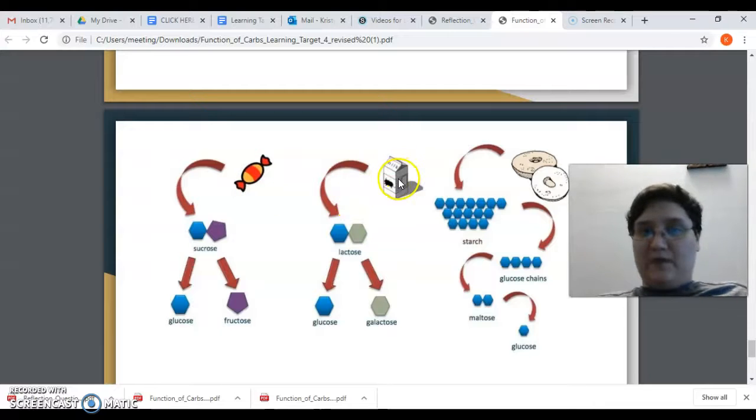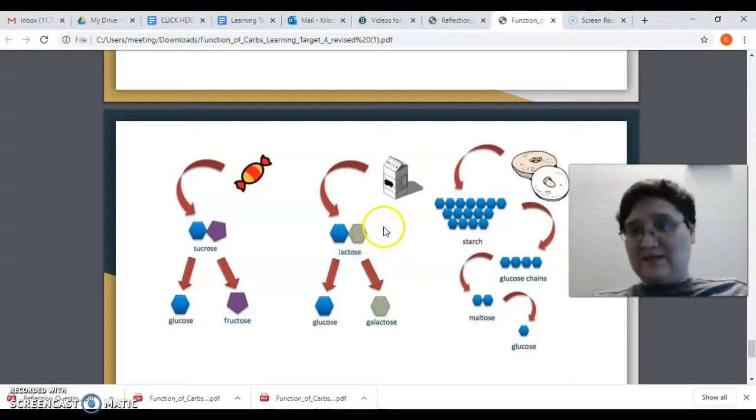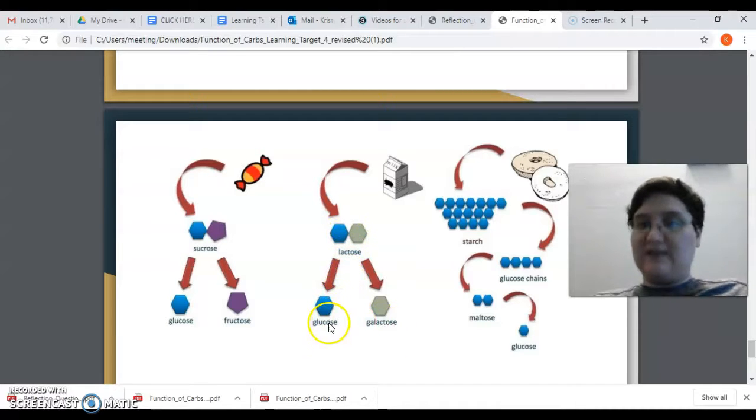So now we have milk, and milk has another disaccharide in it, right? Lactose. We've talked about lactose. So we need the enzyme lactase, and once that enzyme comes in, then these two molecules break apart, and you're left with glucose and galactose. And again, we can use these for energy.